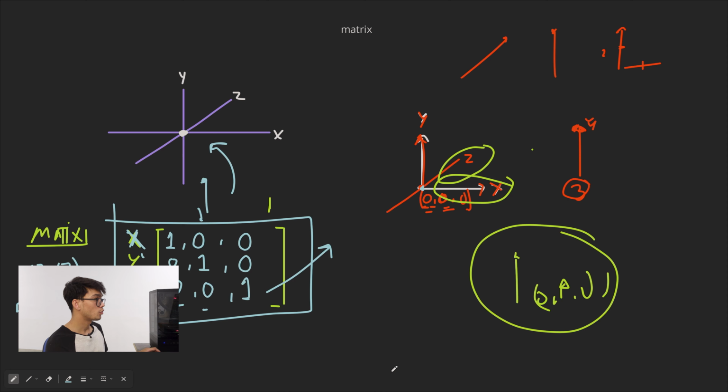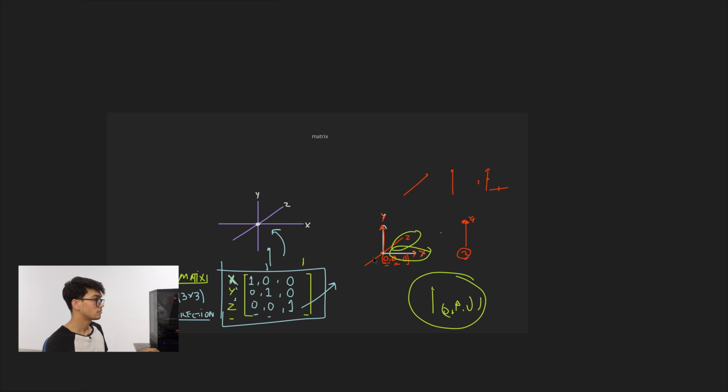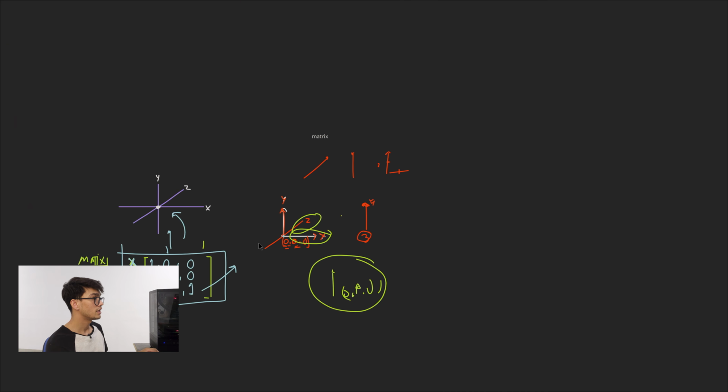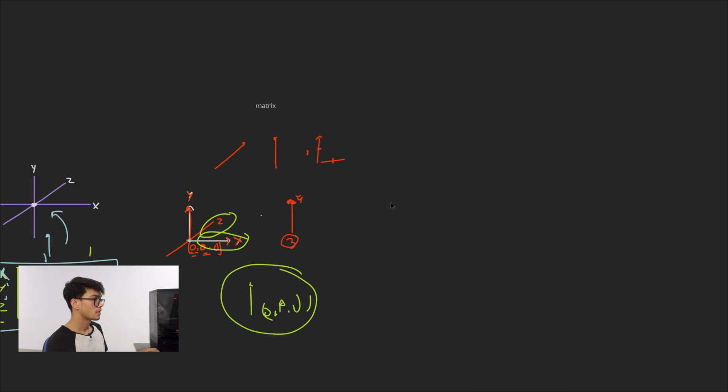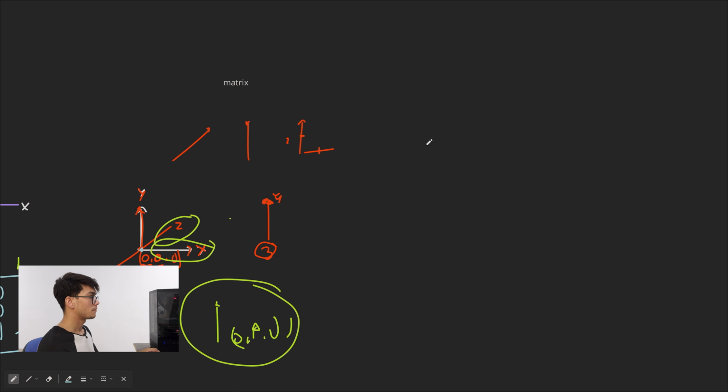So I will just open Pureref here, and I can just draw something, right? Okay, we have x, we have y, and we have z. We have x, y, and z.